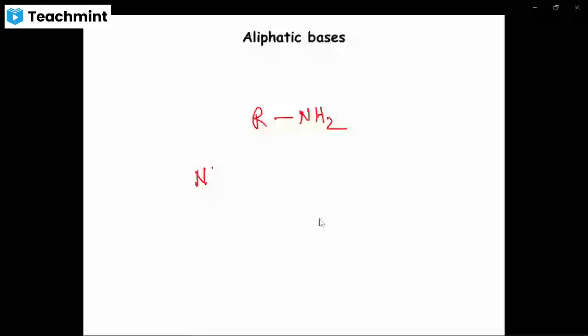One is RNH2, this is A. Another one is R2NH, this is B, and another one is R3N, this is C. So what will be the basicity order of these three? Can you tell what will be the basicity order? A is more basic. C is most basic, then B, then A.